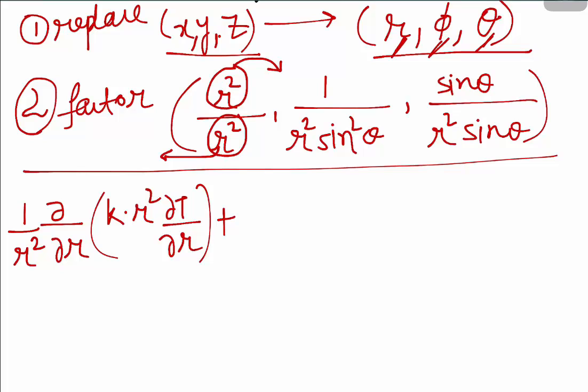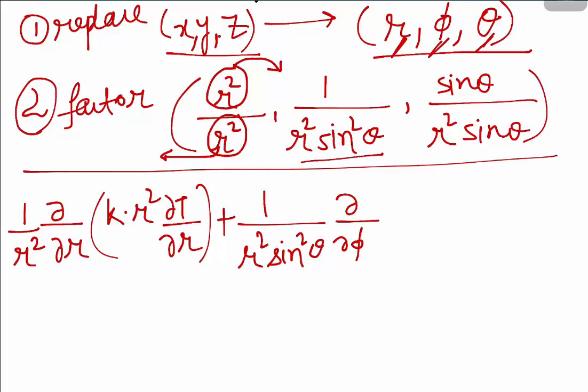plus 1 by r square sin square theta dou by dou phi, we replace y with phi.